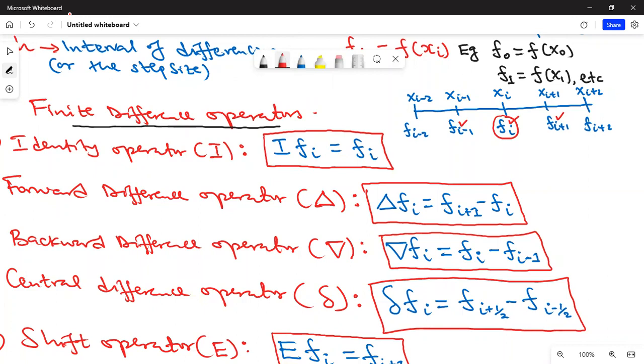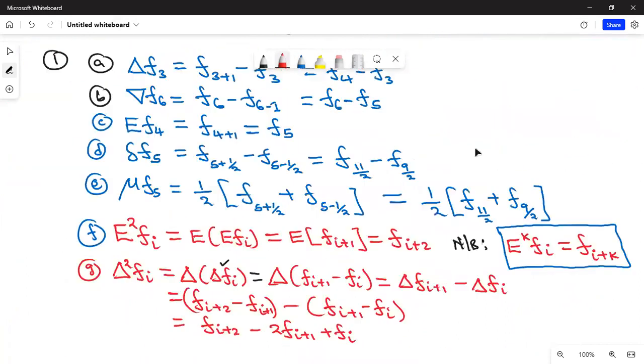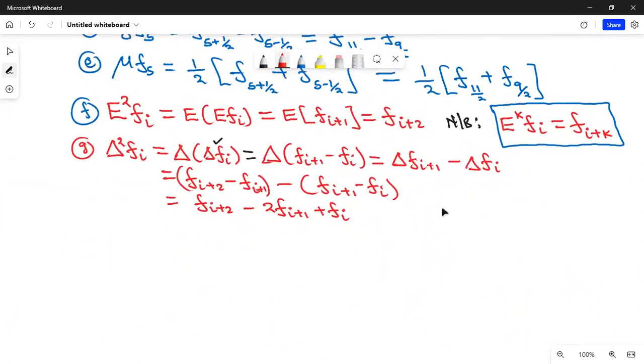For averaging, or simply central difference, you need to consider the midpoints, the value here and the value here. Because here it is Fi minus 1 over 2, and here it is Fi plus 1 over 2. So we are subtracting this value minus the other value. That will give you the central difference. So I hope that is clear to everyone now. So let's go back.